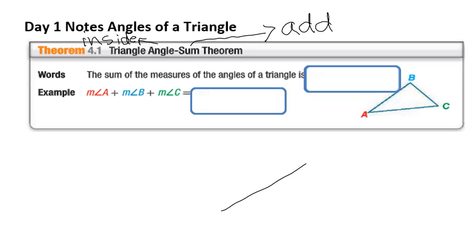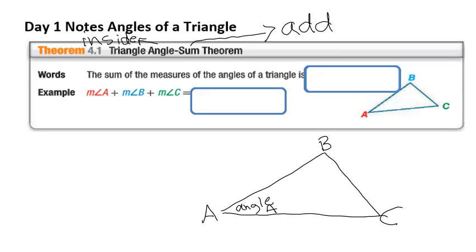I'm going to make this triangle a little bit bigger over here to the right. Triangles have three sides, but they also have three angles. And this is angle A inside, angle B inside, and angle C inside.